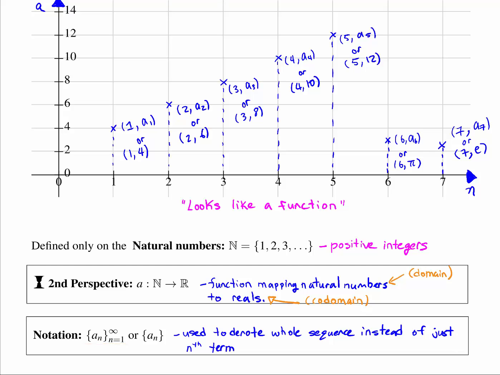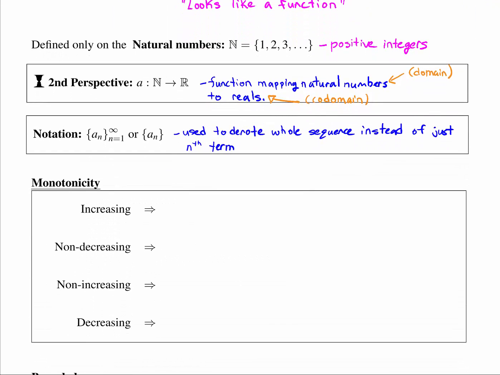Our first important class of properties is those of monotonicity. For example, in census data, is the population of a city heading up or is it heading down? Increasing means that an is less than an plus 1 for all n. So in other words, if we go right, we go up.